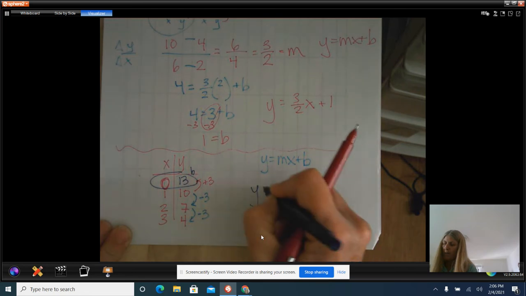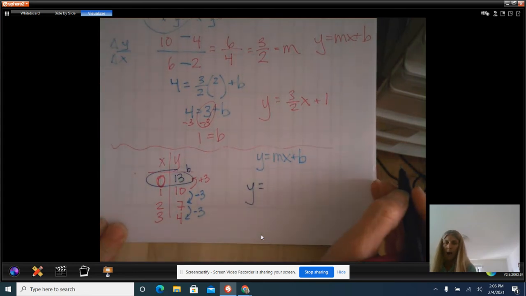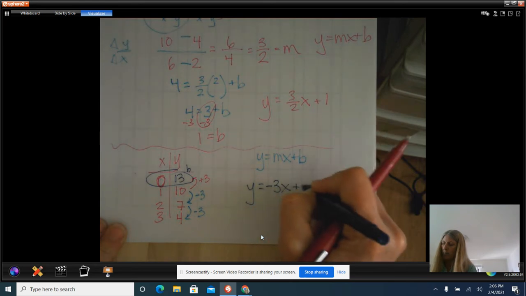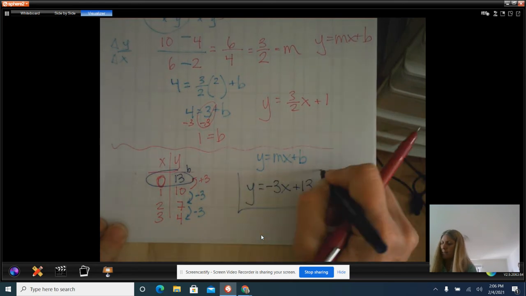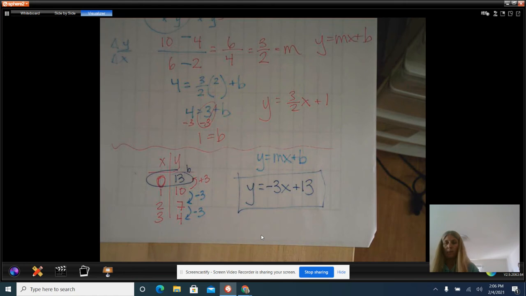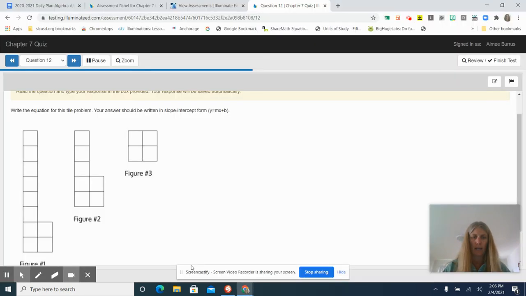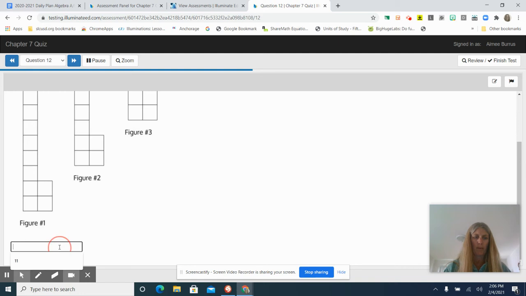So my equation of this tile problem is going to be y is equal to -3x plus 13. Okay, and that's what you're going to type in for this problem. This one wasn't a choice. You had to go ahead and type that in. So for your tile problem, y is equal to -3x plus 13.